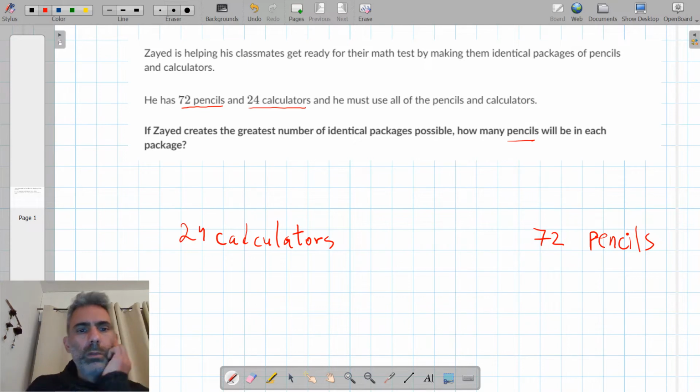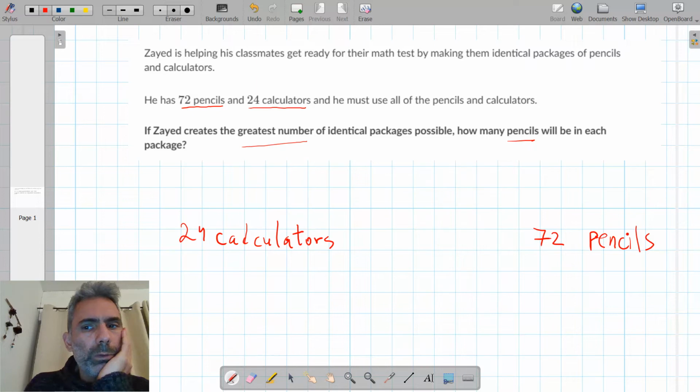So the greatest number of identical packages, we need to find the greatest common factor.